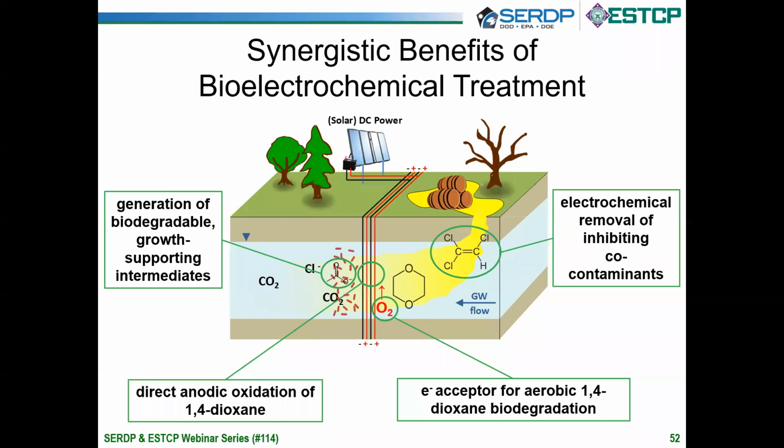We also hypothesized that the 1,4-dioxane is being broken up, not necessarily completely mineralized, into oxidation intermediates that can serve as growth supporting intermediates because the energy return for the microorganisms would be much better than using 1,4-dioxane directly. And then finally, because 1,4-dioxane co-occurs with chlorinated volatile organic compounds at a lot of sites, we also thought about the benefit of electrochemical removal of inhibiting co-contaminants.